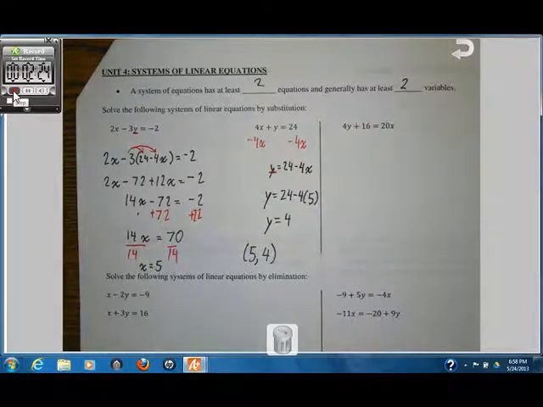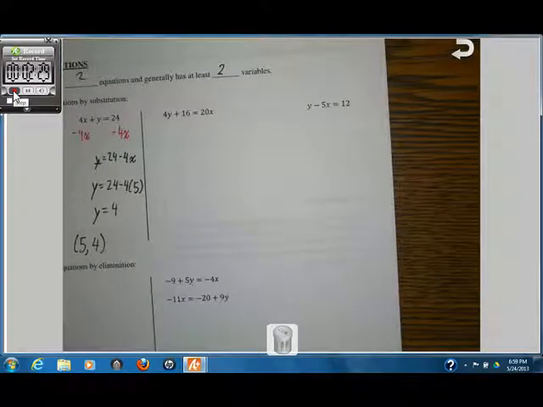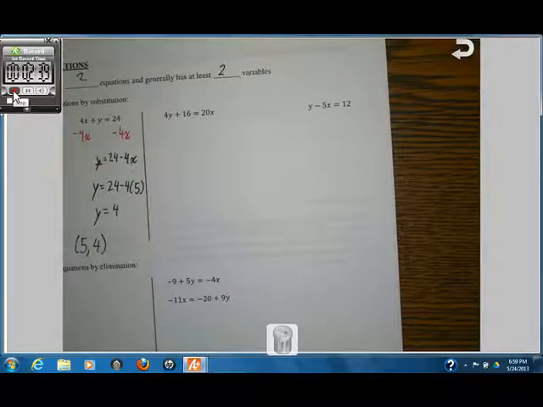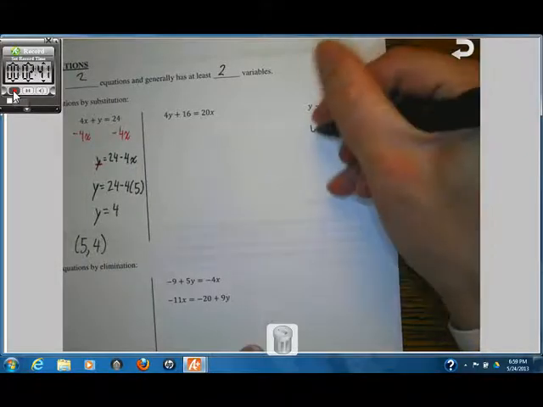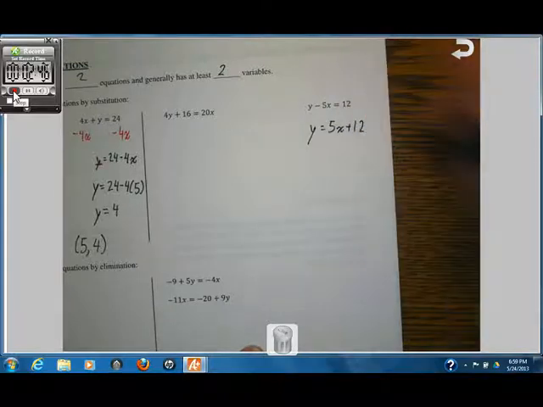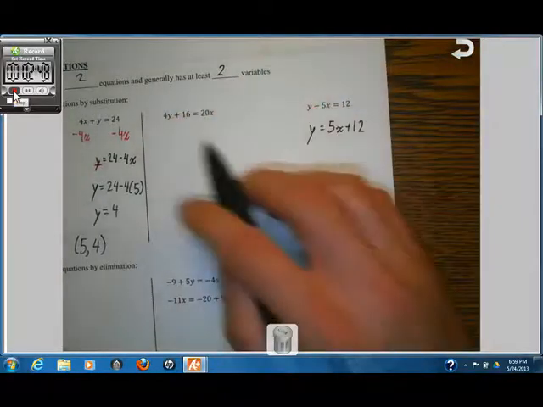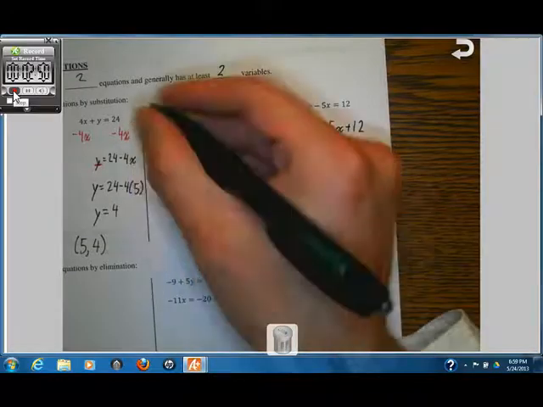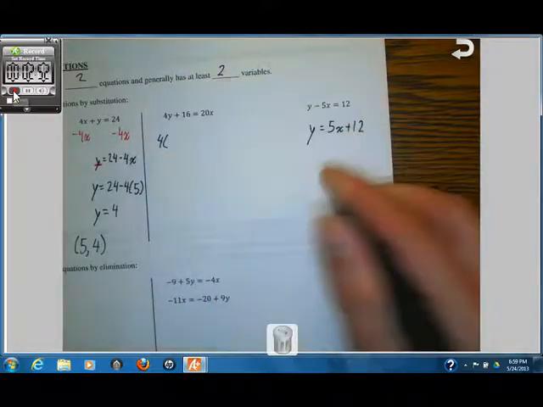The second is like unto it. Here we can simply rewrite this as y is equal to 5x plus 12. Instead of writing 4y plus 16 is equal to 20x, you say 4 times 5x plus 12, that's your y value, plus 16 is equal to 20x.